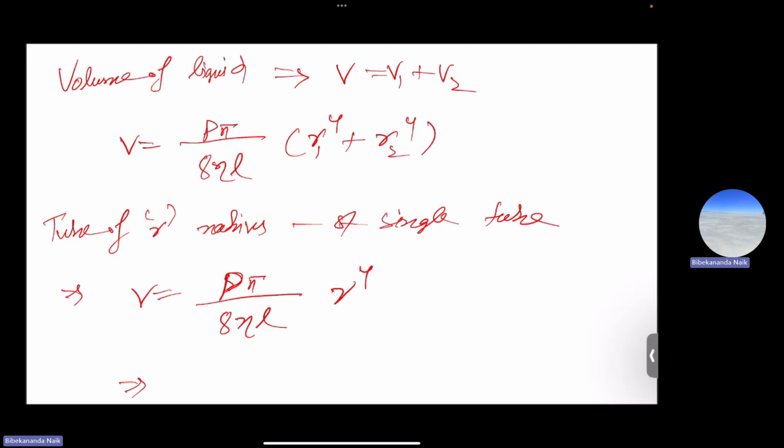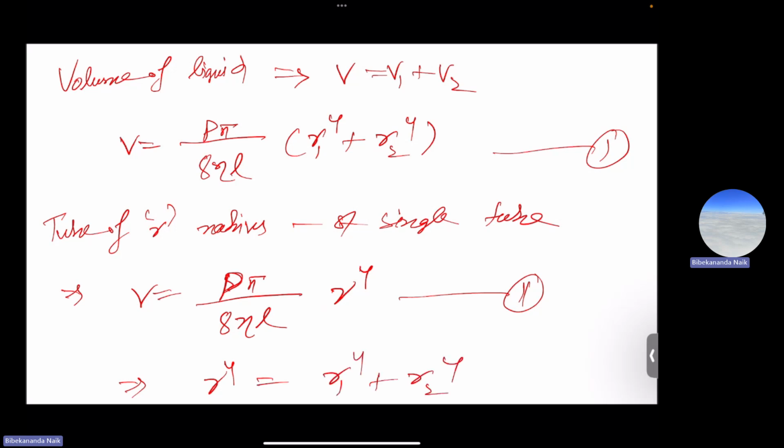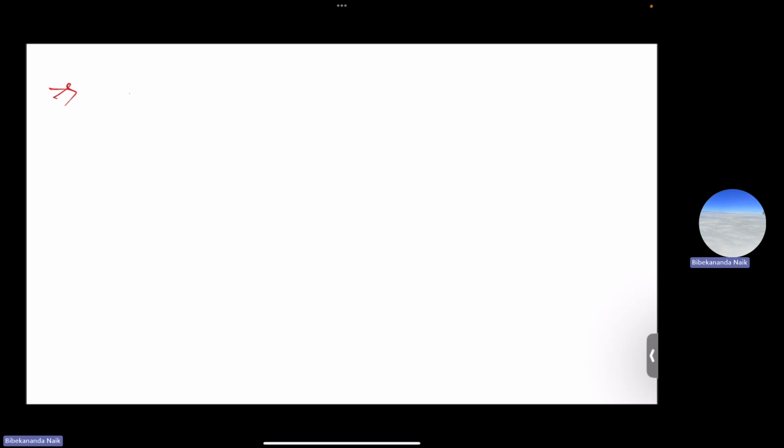So this is equation 2, this is equation 1. That implies R to the power 4 is equal to R1 to the power 4 plus R2 to the power 4. So R will be R1 to the power 4 plus R2 to the power 4, to the power 1 by 4.